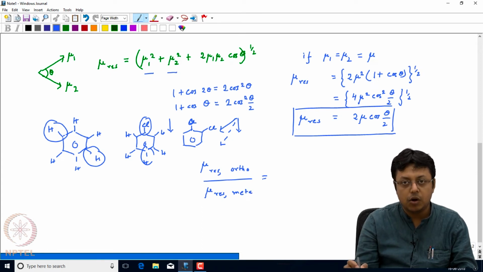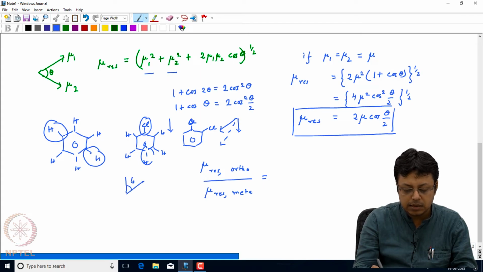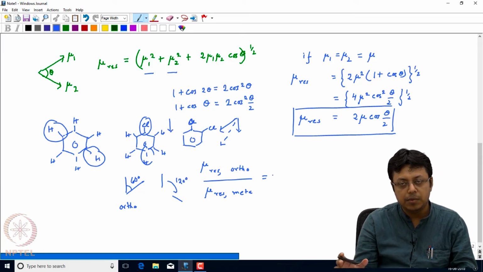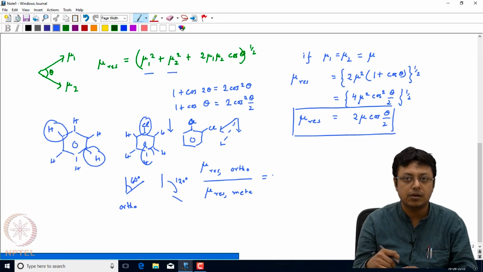Remember that for ortho the angle is 60 degrees, but for meta, as you can very easily figure out, the angle will be 120 degrees. And here the bond moments, or the individual dipole moments, are basically the same, because it is just chlorobenzene.